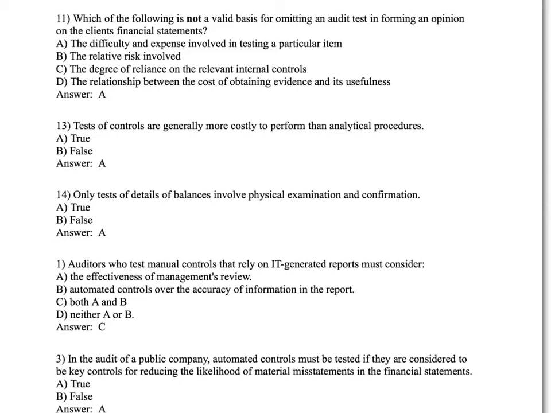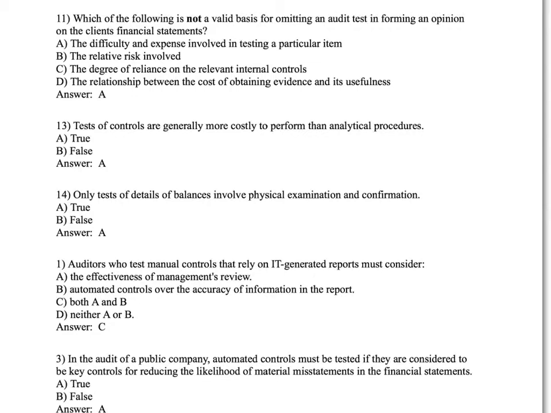So when I keep saying, you are looking for the most efficient way to do your testing, whether through test of controls or substantive testing, but you can't hang your hat on things costing too much. If that's what you need in order to place reliance on a number, then you need to do the testing.